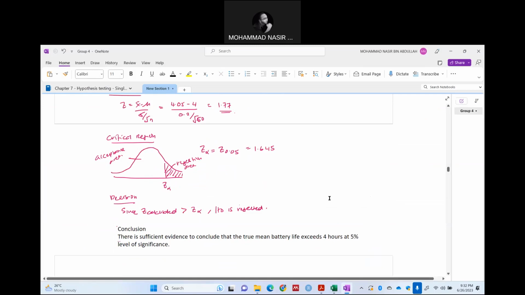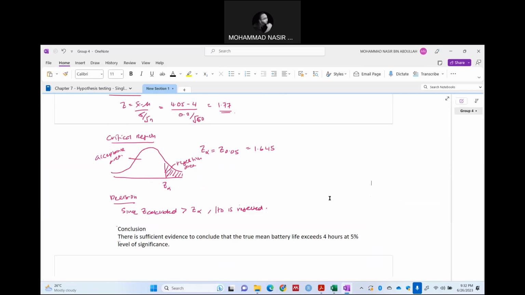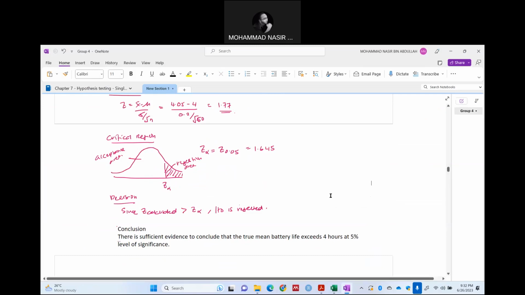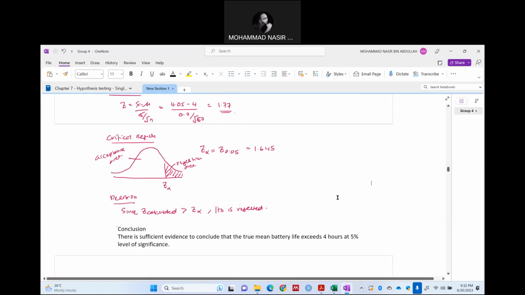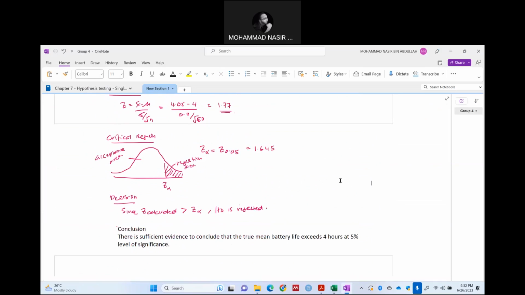So I'm going to show you how to conclude based on the p-value approach. In the final exam or test later, there will be two approaches: either the p-value approach or the critical value approach. Okay, done.